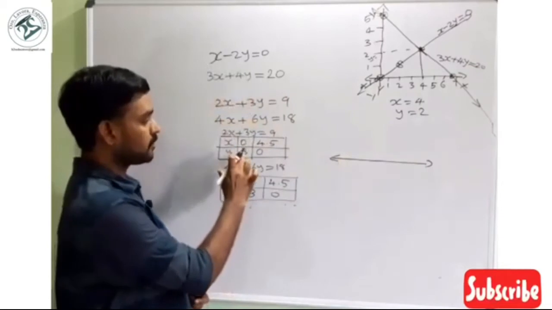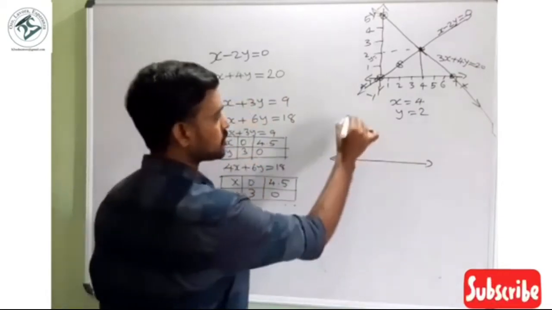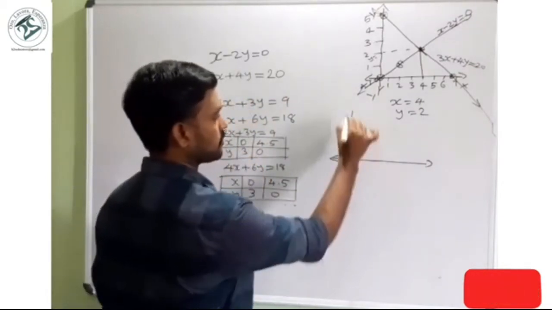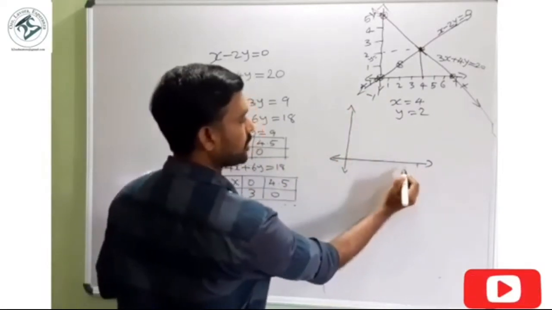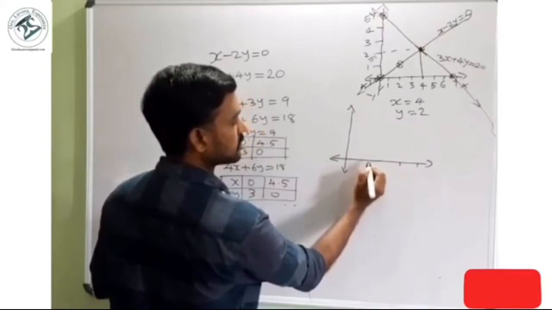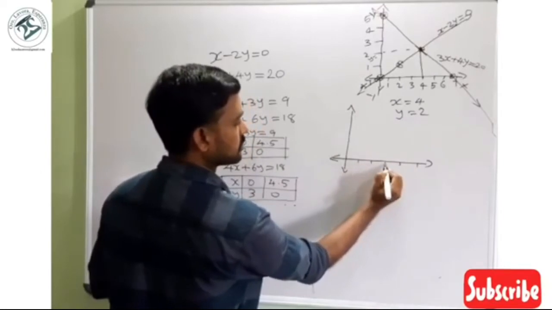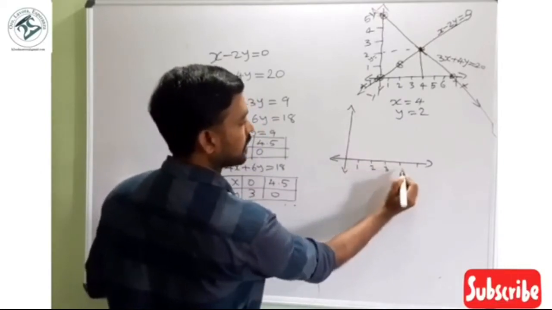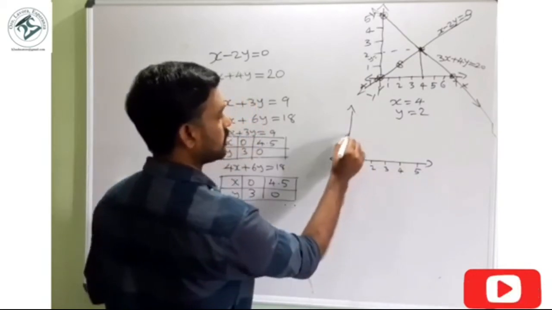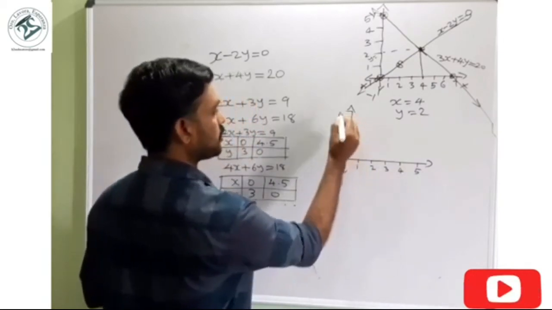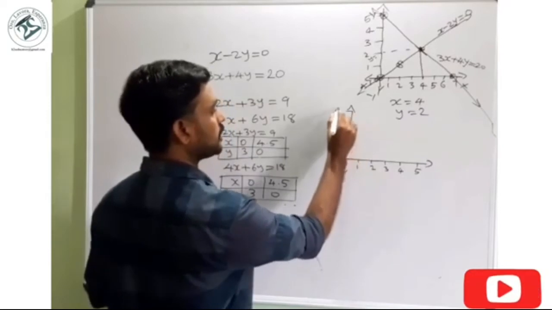In y, the smallest value 0, highest 3. So we can draw the graph. 4.5 means we require 5 points: 1, 2, 3, 4, 5.